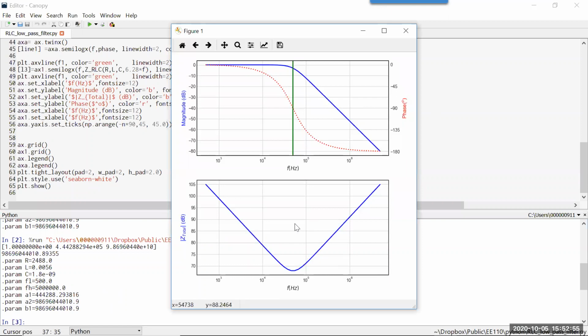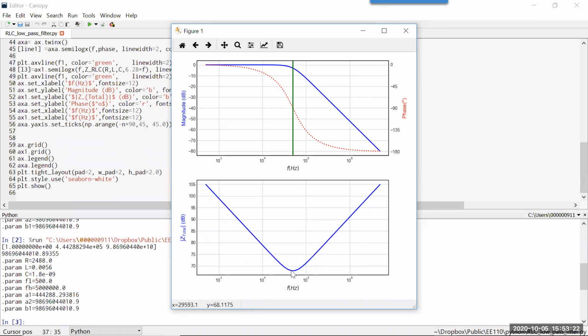And then this is the impedance. And interestingly enough, at omega naught, right, and in this case, omega naught is at minus 3 dB. That's because this kind of filter is designed to do that, right? So at omega naught, the impedance is minimized.